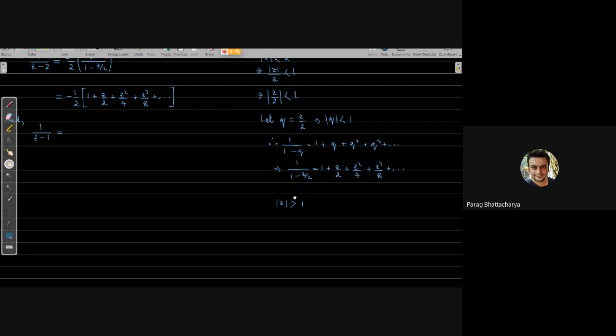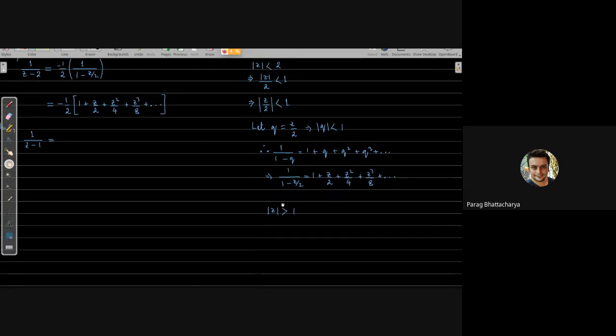On the right hand side, we wanted less than 1, and that's how we are able to obtain this, because q must be less than 1. But here we are having greater than 1. So how do we go about doing this? What should we do? Anyone?